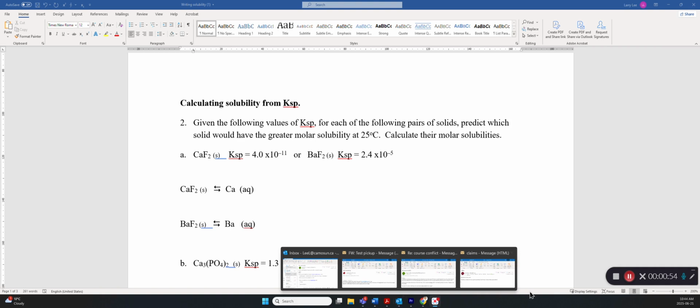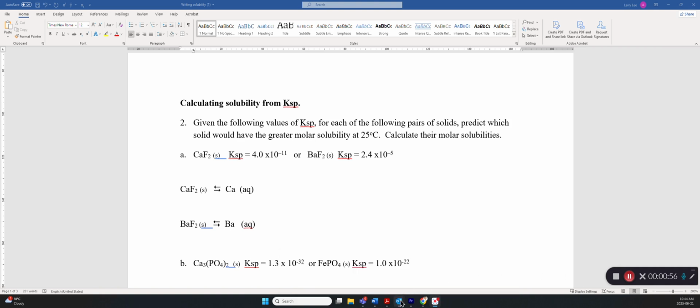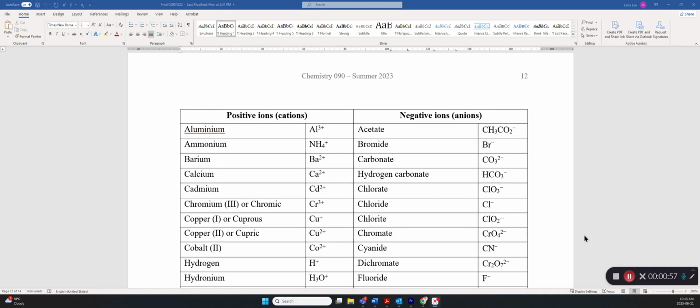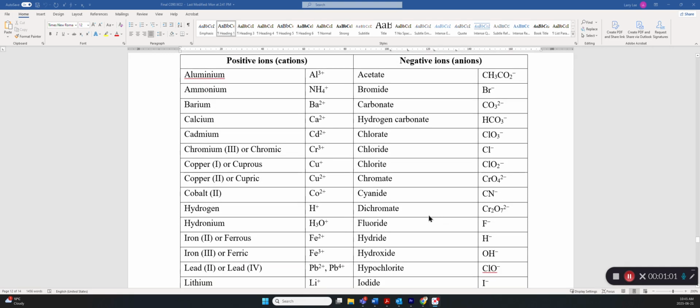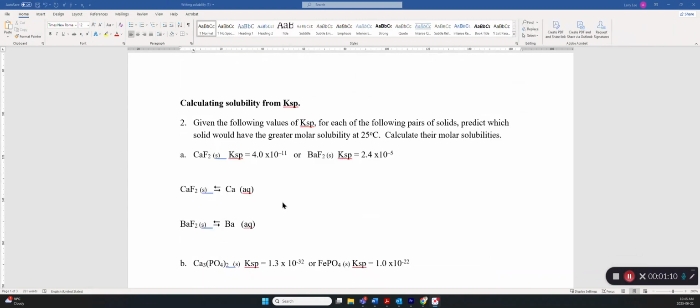Here's my common ion table, and you see that fluoride is -1, calcium is +2. Back to the question. Remember, calcium is +2, so we'll go with 2 plus.